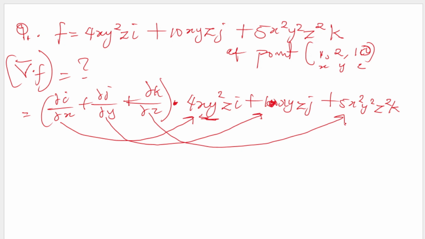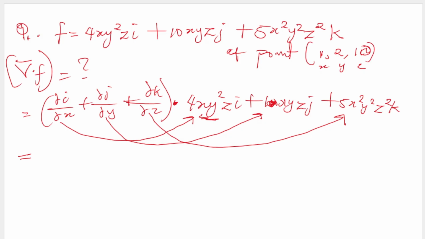Now, what's the next thing you are doing? The next thing is to solve partial i of partial x. Here we are differentiating our i component, which is 4xy²z, with respect to x. Remember, this is 4x.